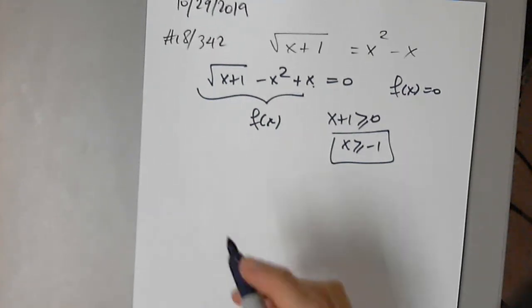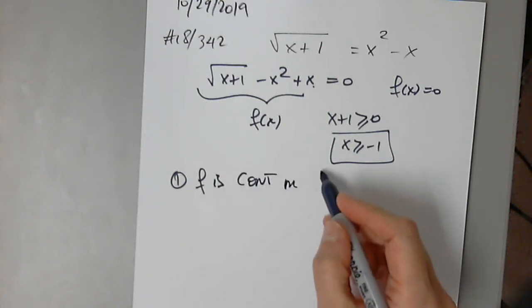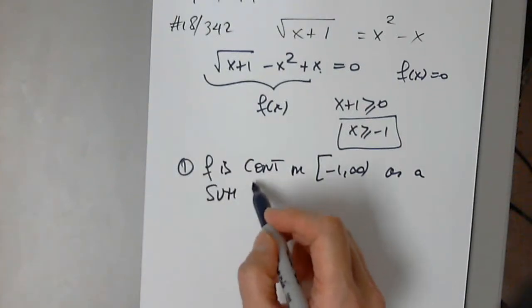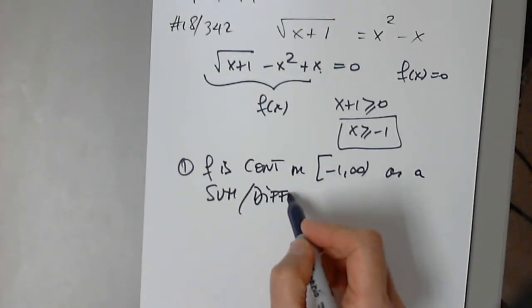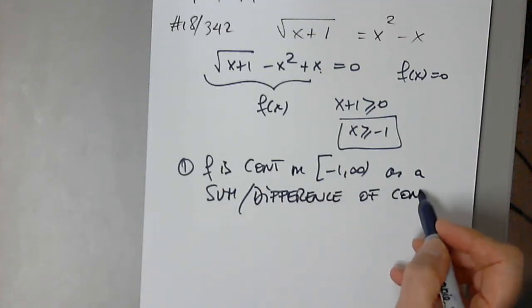So I will write number 1, f is continuous on -1 to infinity as a sum or difference of continuous functions.